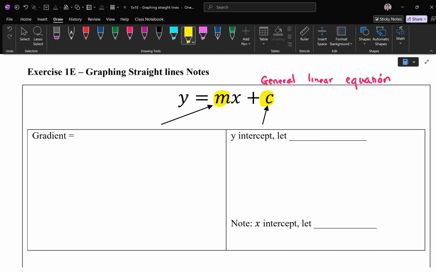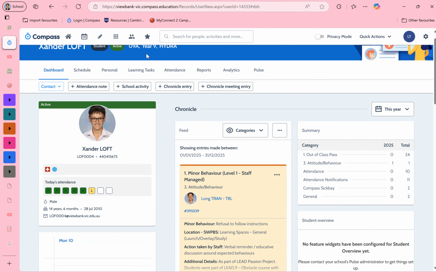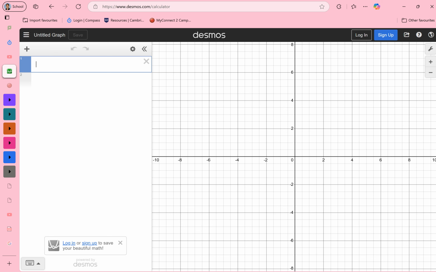Here's an example. If I gave you a sample of a linear equation, let's say y equals 3x minus 2, that is a particular straight line. If I go to Desmos, I'll show you so you can visualize what it looks like. I type exactly what I just wrote, y equals 3x minus 2, and that's one line, not two lines, not three lines. To get this line, I needed an x coordinate and a y coordinate.